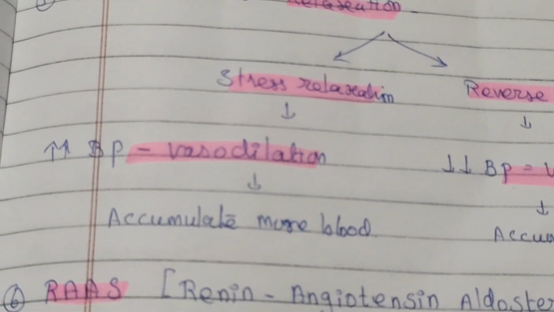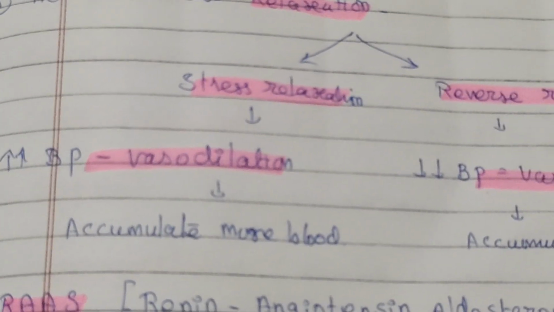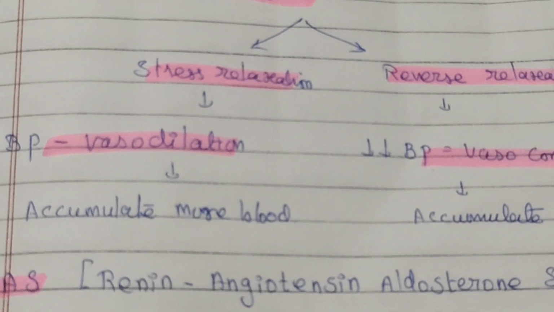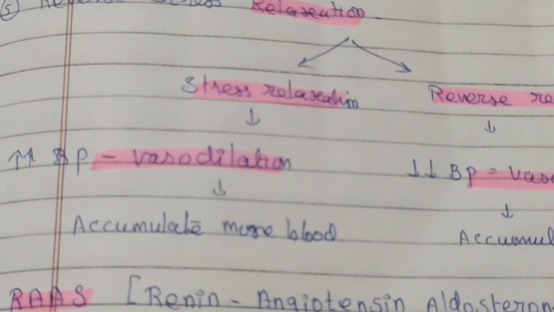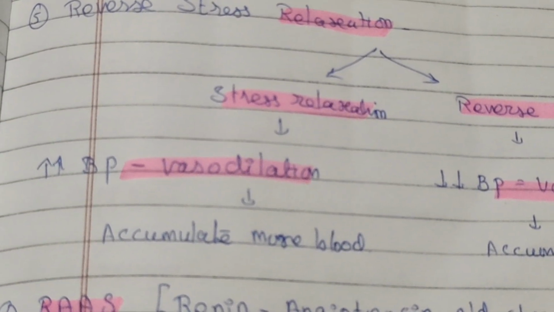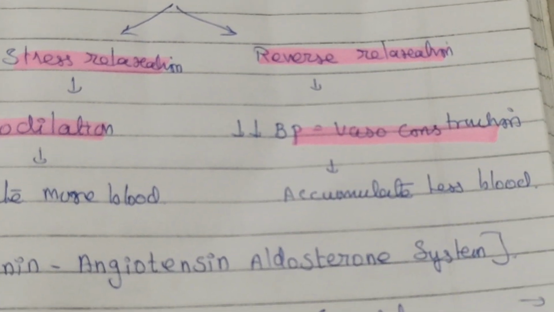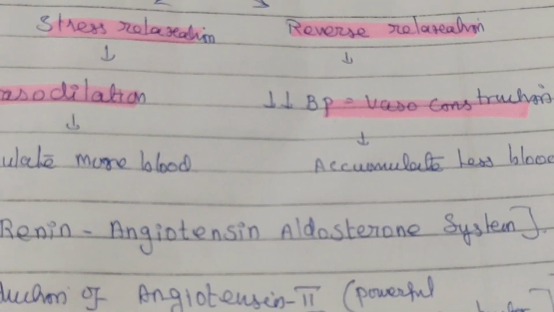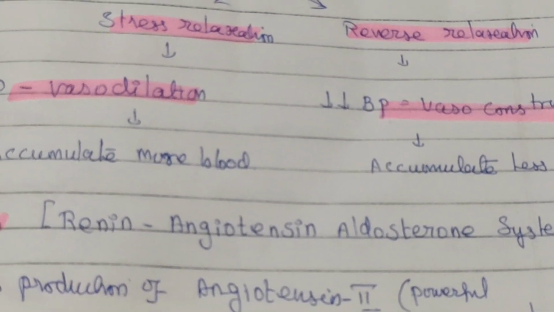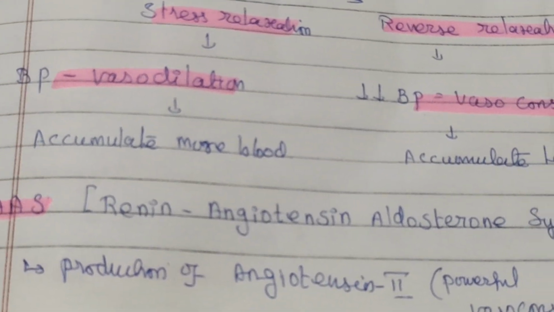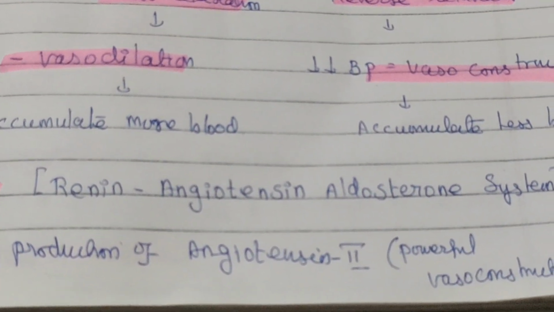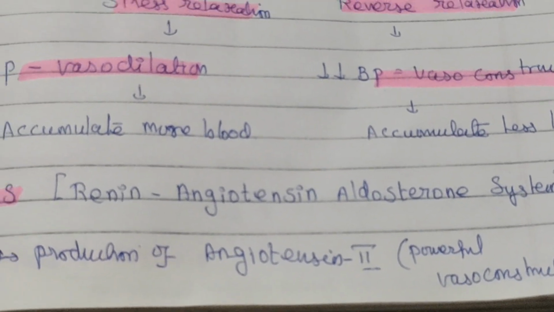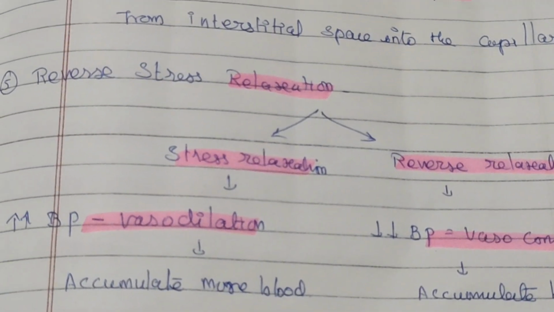Stress relaxation: whenever blood pressure increases, there is vasodilation, to accommodate more blood. Whenever blood pressure decreases, there is vasoconstriction, to accommodate less blood. So decreased blood pressure resulting in vasoconstriction because of local mechanisms at the level of the arteries is called reverse stress relaxation.